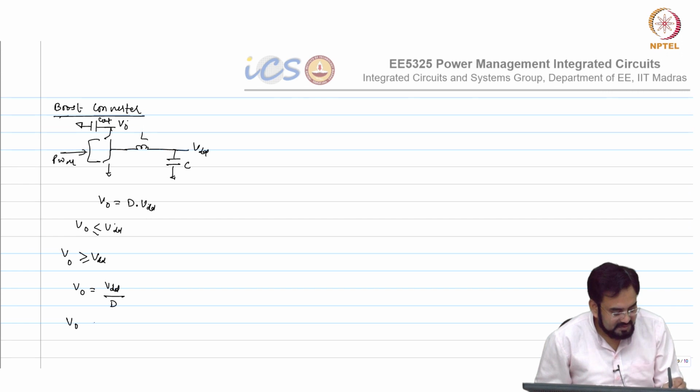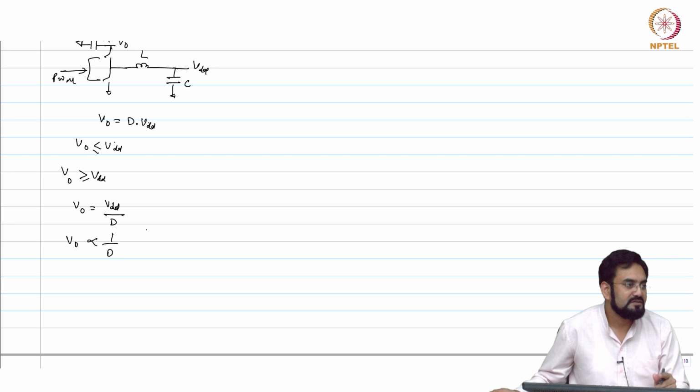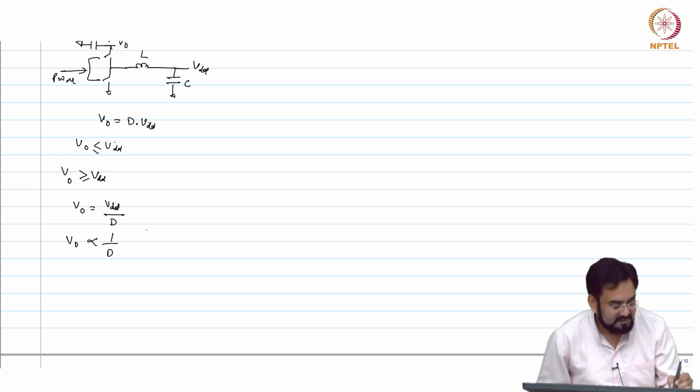So V out is inversely proportional to D, but I want output to increase when duty cycle is increasing, correct?